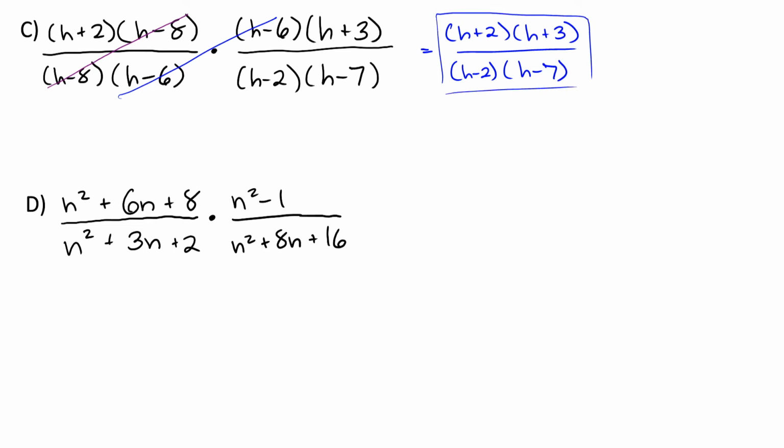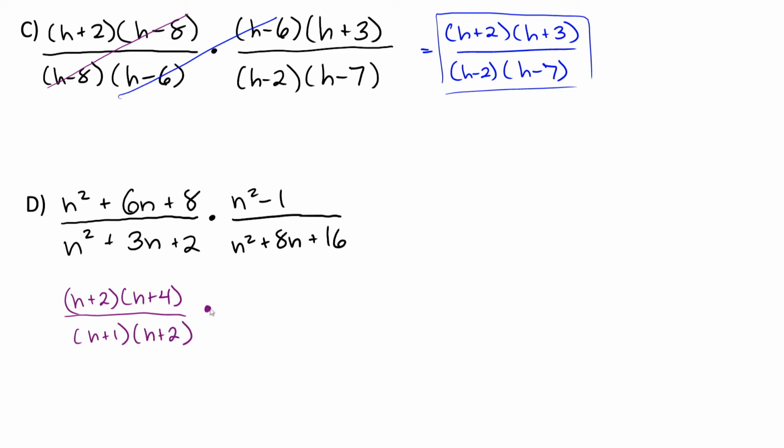D is a little bit more work. Here we're going to have to factor our numerators and denominators before we can find common factors. If we look at the first rational expression that we have here, our numerator will factor into n plus 2 times n plus 4, and our denominator will factor into n plus 1 times n plus 2.